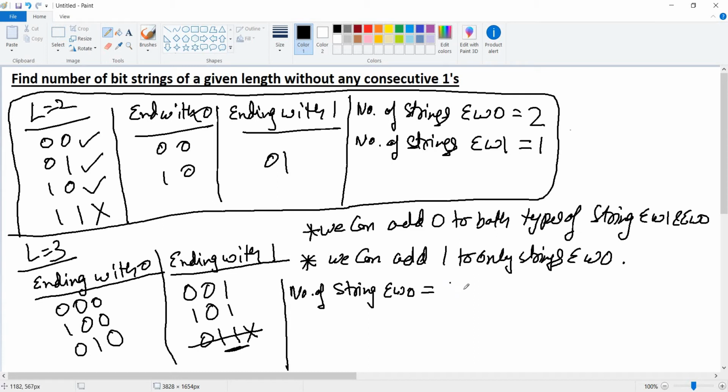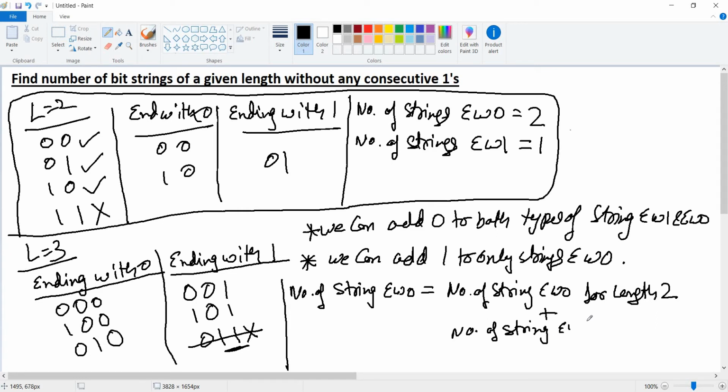So we'll have the number of strings ending with 0 for length 2 plus the number of strings ending with 1 for length 2.